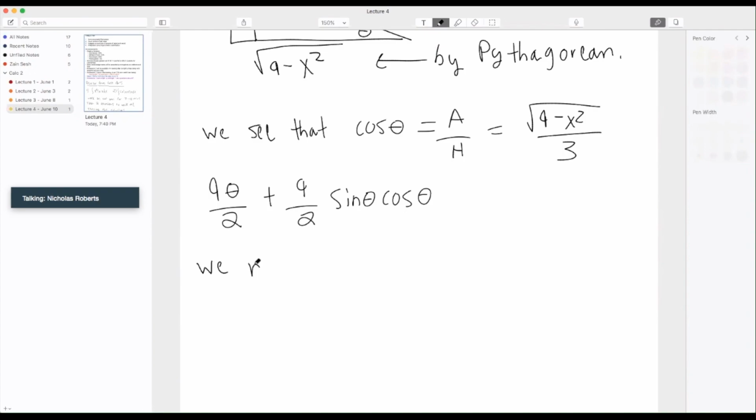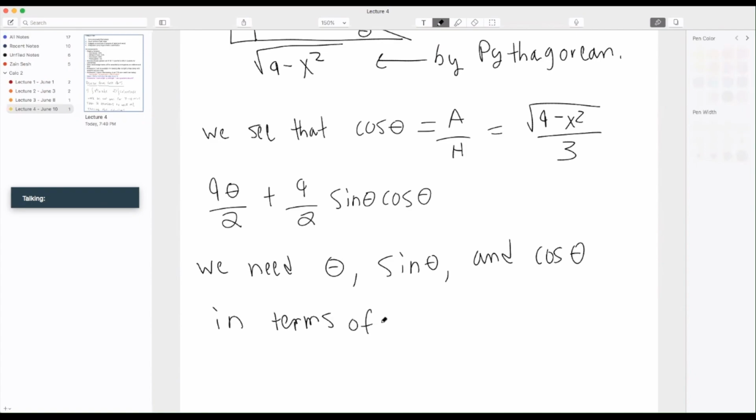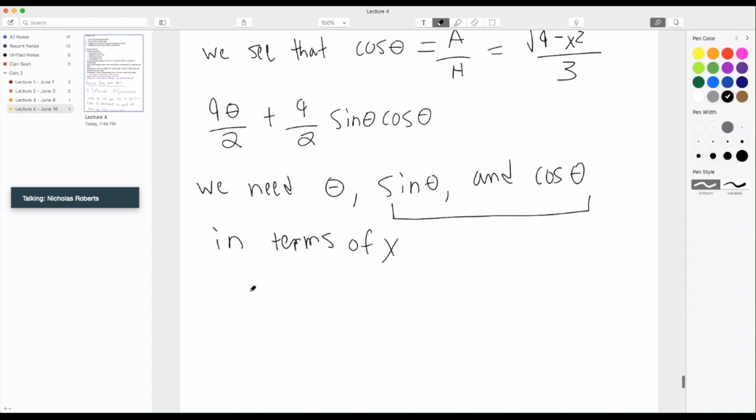We need theta, sine theta, and cosine theta. That's all the pieces we need to rewrite in terms of x. We already have sine theta and cosine theta. We just need theta. Recall that x over 3 is equal to sine of theta. Now you can just apply inverse sine to both sides, and we get that theta will be arc sine of x over 3.